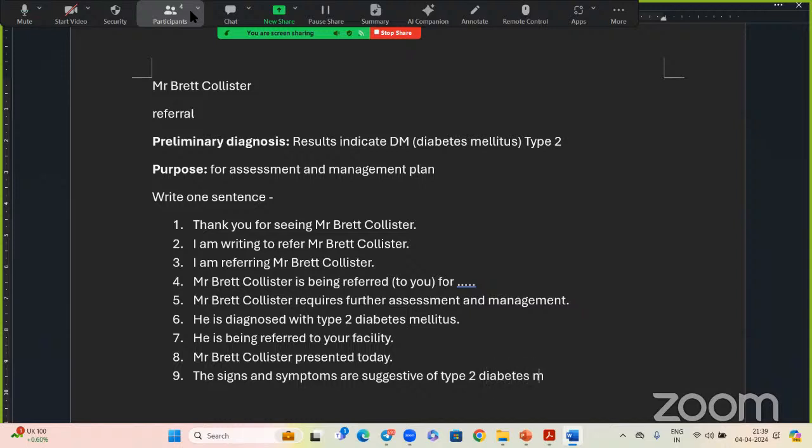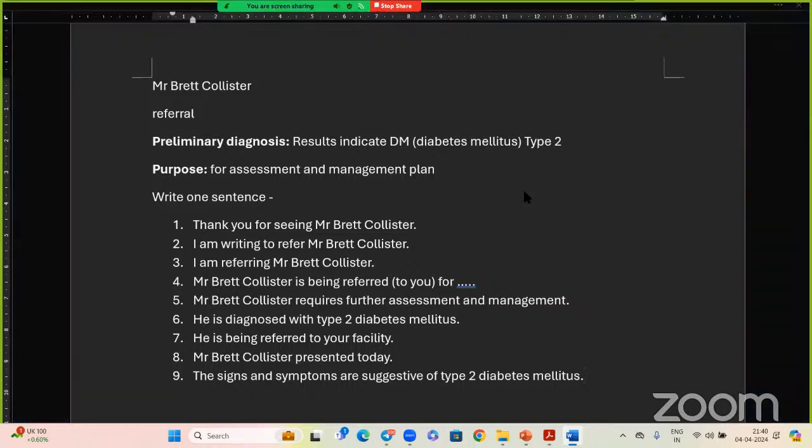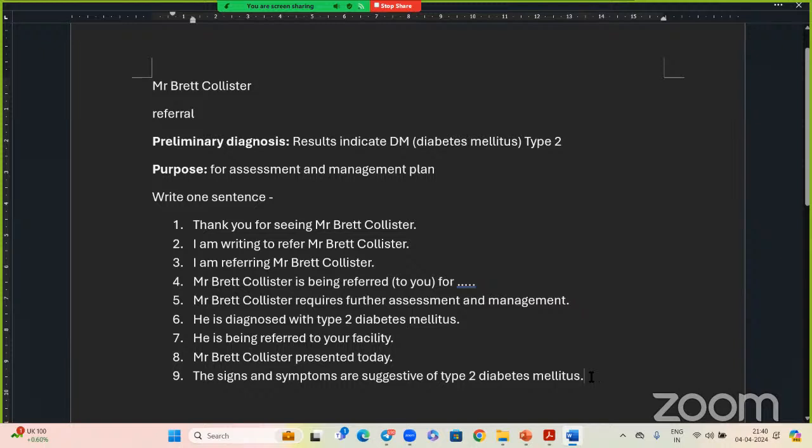The signs and symptoms are suggestive of type 2 diabetes mellitus. So like that you can write. And what else? Any other things you can write?